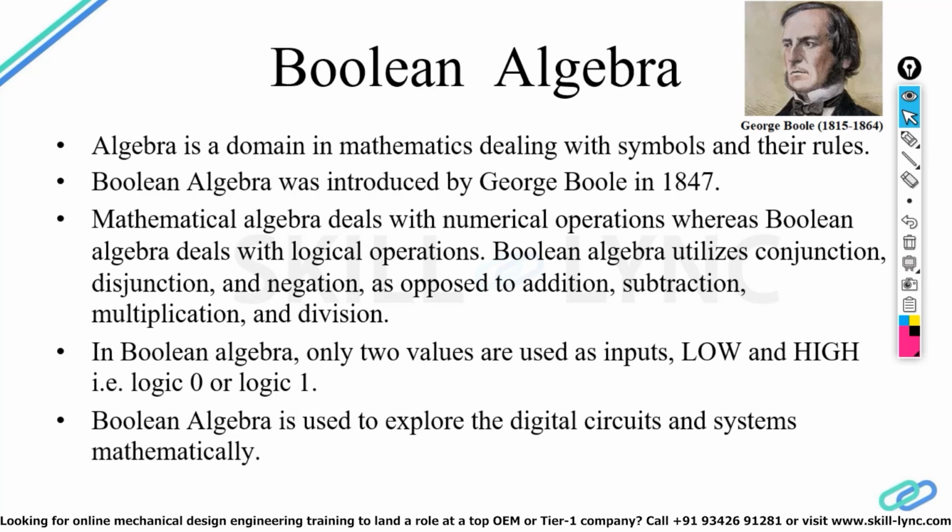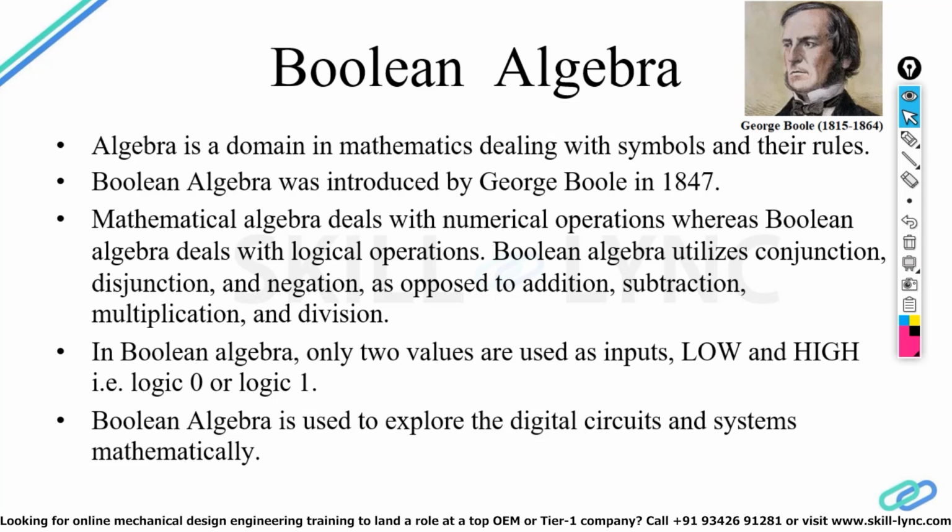It is a set of rules which are used to simplify any given logical expression, but without changing its functionality. Its functionality remains the same, but you will reduce the logical expressions using the set of rules. That is known as Boolean algebra.